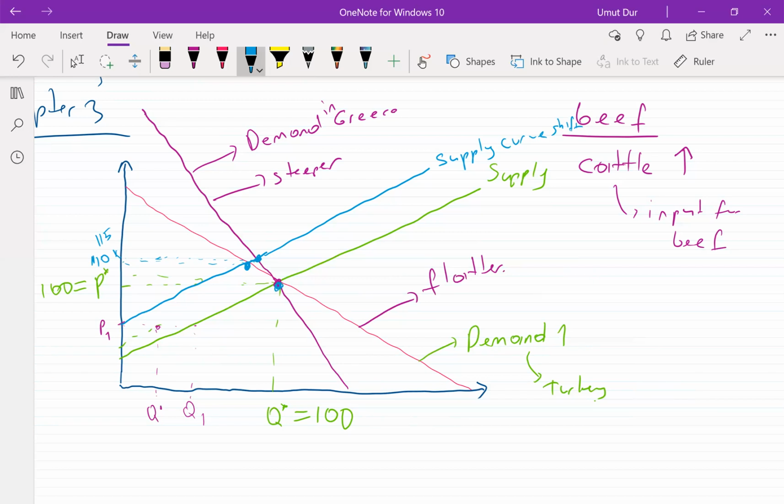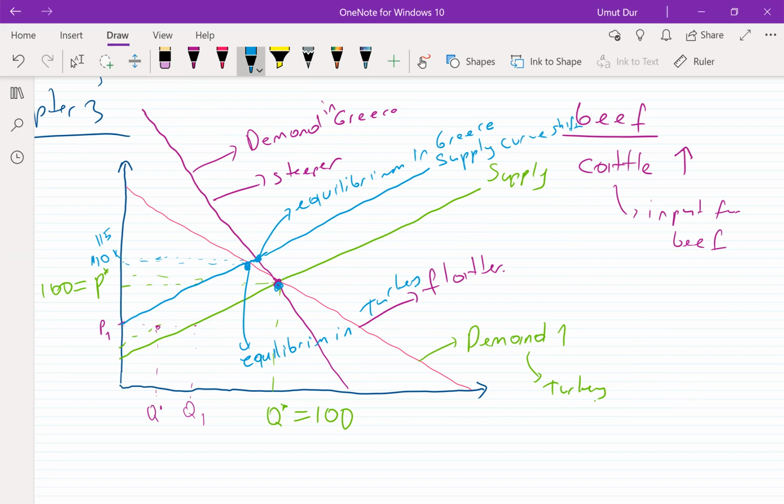Although our initial equilibrium price and equilibrium quantity are the same in Greece and in Turkey, after we have a shift in the supply curve, this is the equilibrium in Greece, and this is the equilibrium in Turkey. We have a new equilibrium, and those new equilibriums are different in Turkey and in Greece.